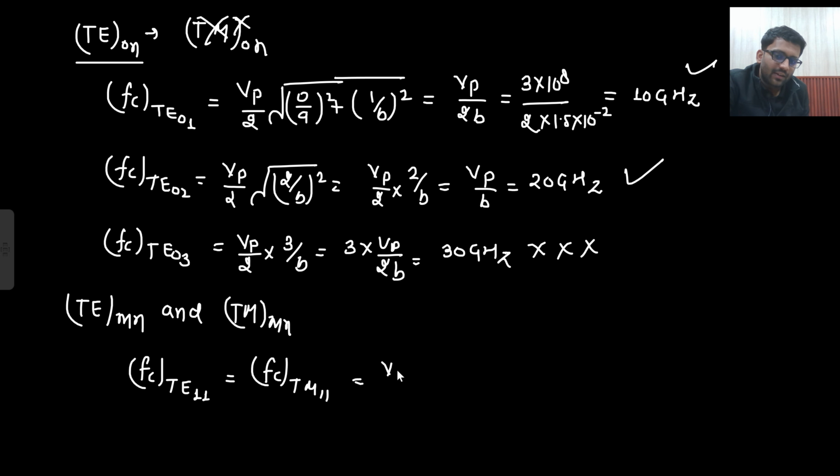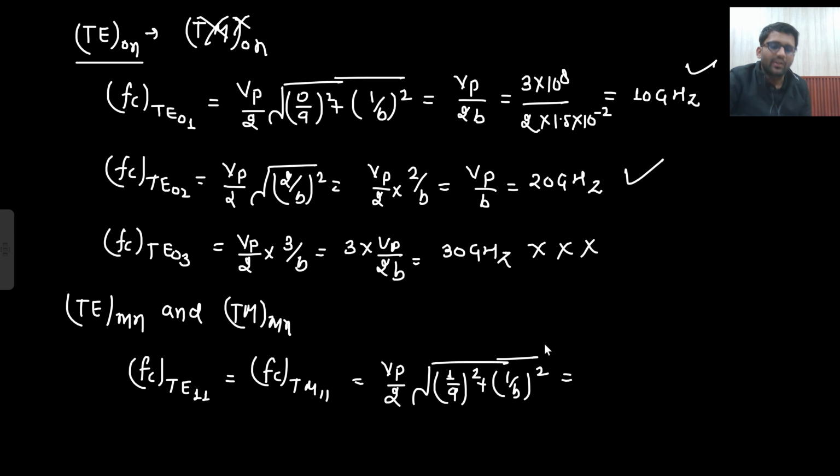Because what is the formula? The formula is Vp by 2 under root m by a whole square, what is m? m is 1 only, so 1 by a whole square plus 1 by b whole square. Right? So if both of the modes are propagating, then the cutoff frequency will be the same.